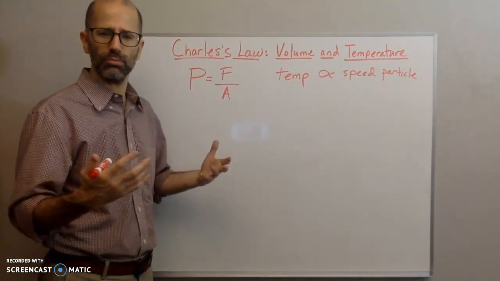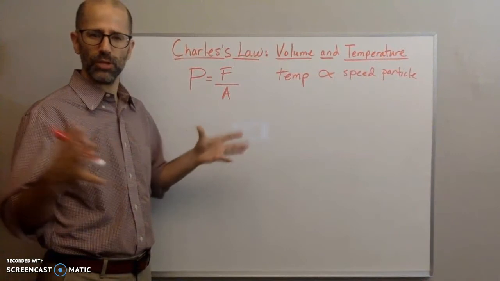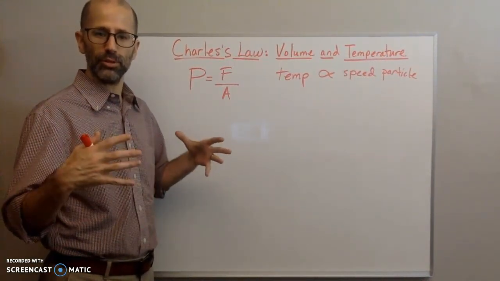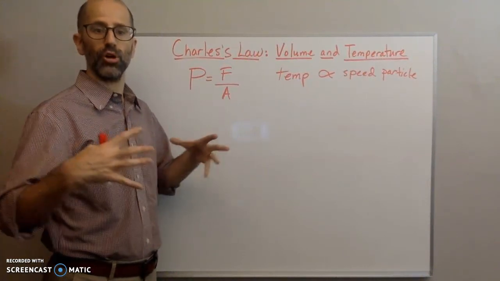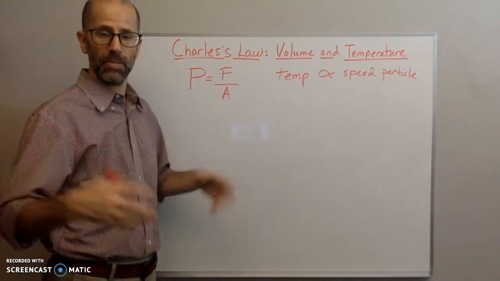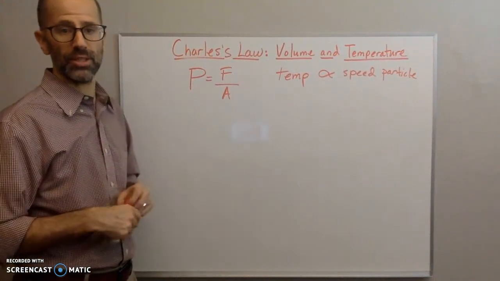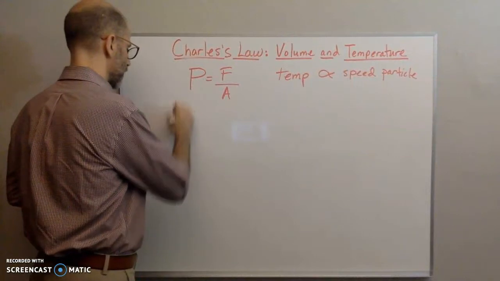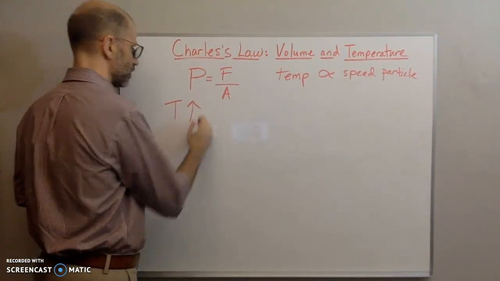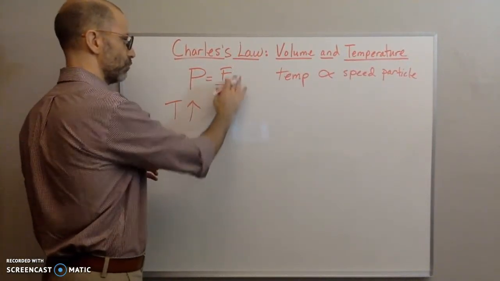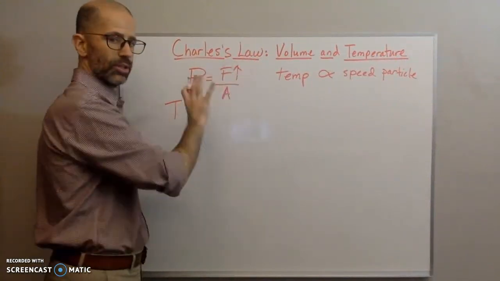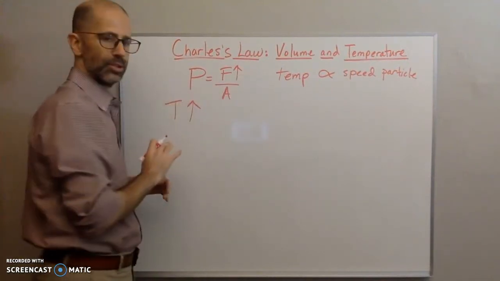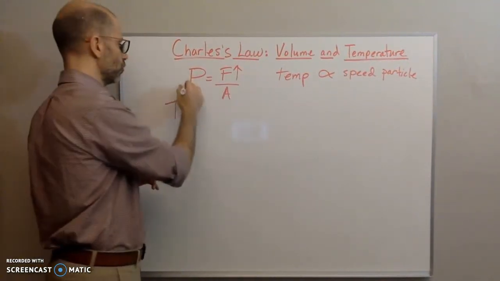Think about a balloon. You have a flexible surface, a flexible container. If the pressure goes up, what happens to the volume? The volume increases. Now, here we're saying temperature increases. What happens to the force? The force that the particles are pushing with goes up. If that goes up, what happens to the pressure? That also goes up.